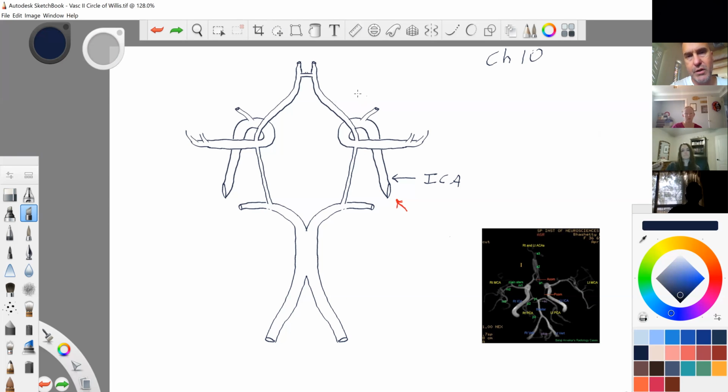This entire curvature is the carotid siphon. That's the whole circle, basically. Now that's divided into 4 parts.